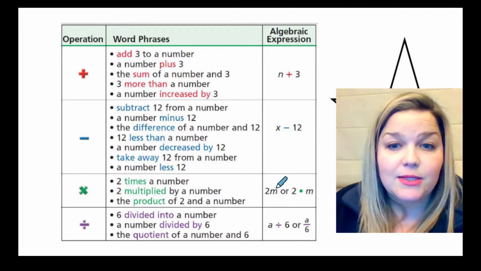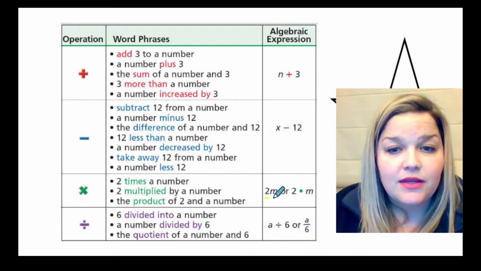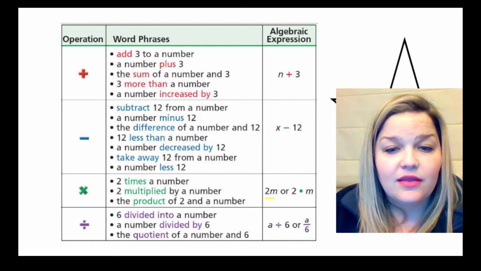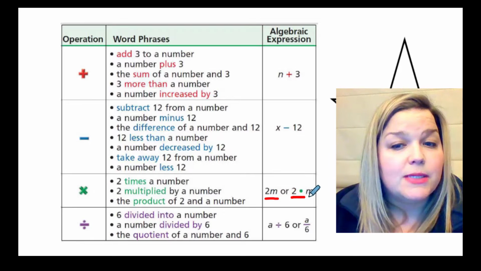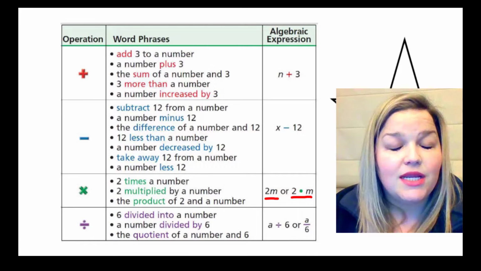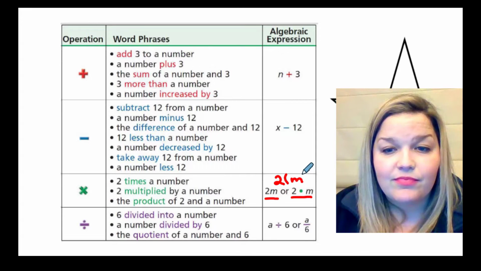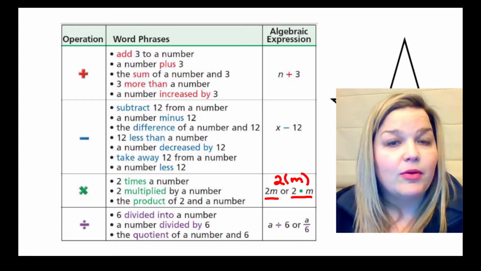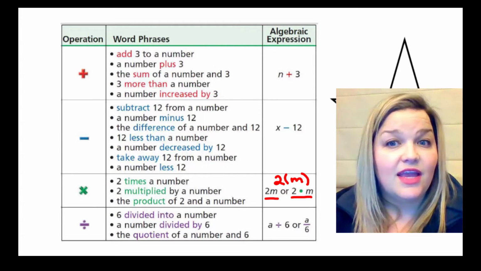So you can write it 2m, that means multiplication. You could write 2 with a dot. That means multiplication. You also could write it 2 in parentheses m. Remember, if a number is only touching the parentheses, then the indicated operation is multiplication.